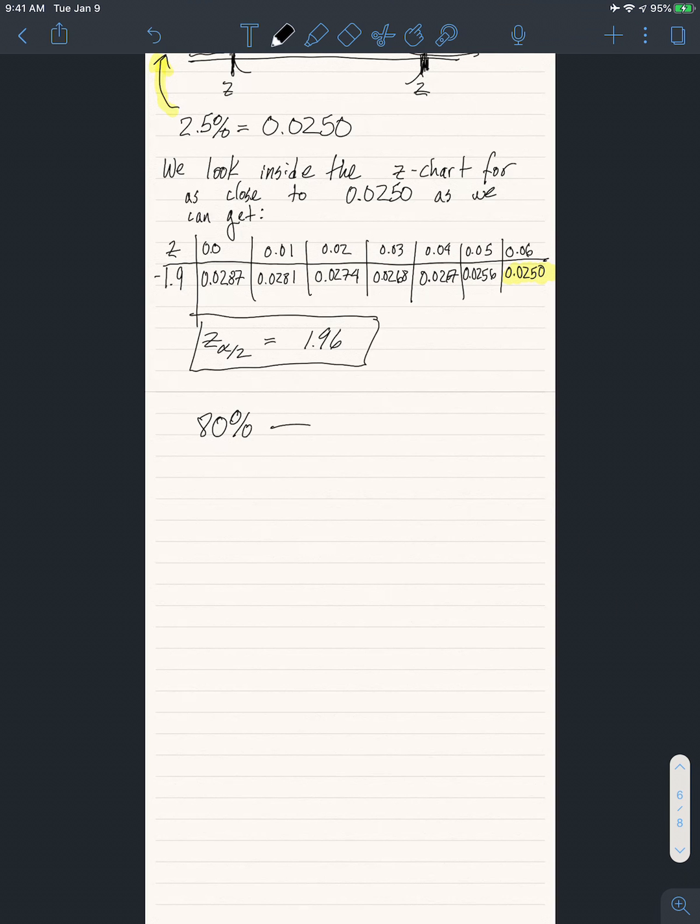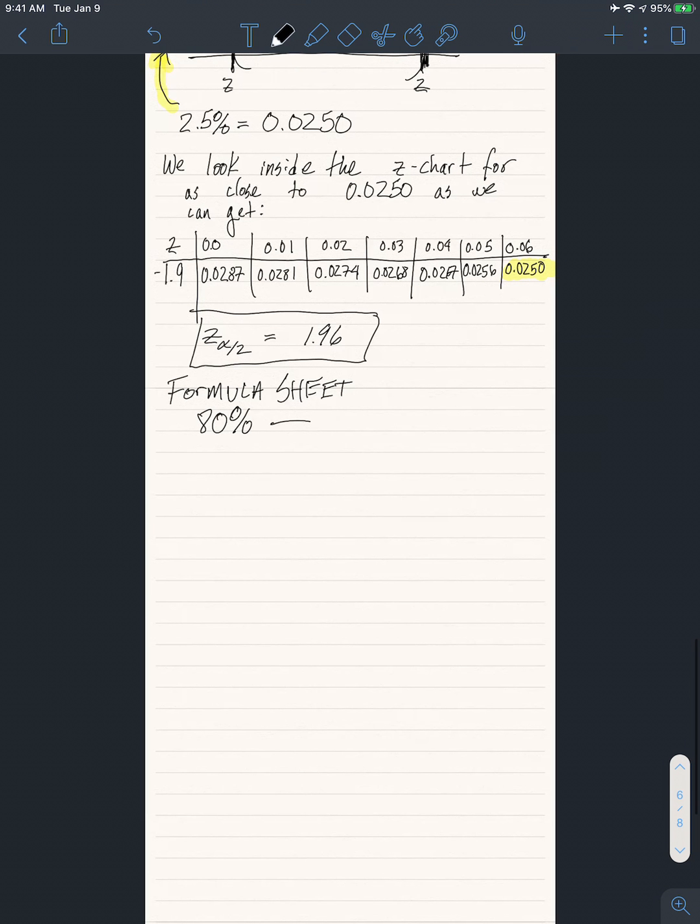For the 80% confidence level, the critical value is 1.28. For 90% confidence level, the critical value is 1.645. 95% confidence is the 1.96 we already came up with in my example above. And the 99% confidence level critical value is 2.575.